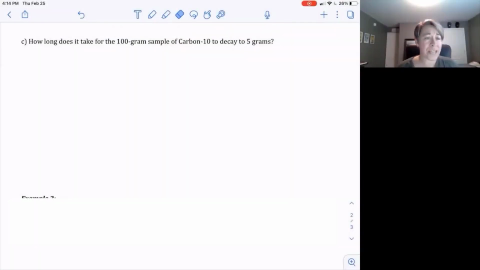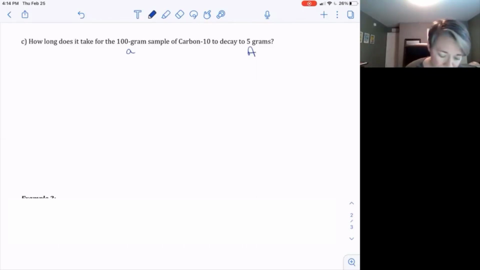All right, so now we're taking a look at part C, where they're asking us how long does it take for the 100-gram sample to decay to 5 grams? Notice in this question, they're still giving us the same initial value, but this time they're also giving us how much they want to have at the end.